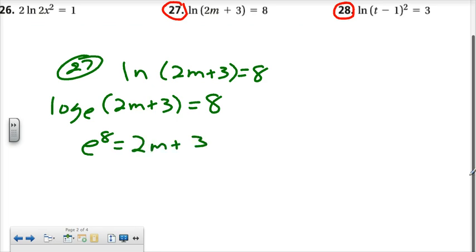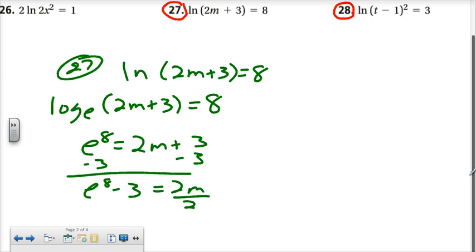And really this is just algebra because e to the 8th is definitely a number. So we would subtract 3 from both sides and get e to the 8th minus 3 equals 2m. And then we would divide both sides by 2 and punch that in.